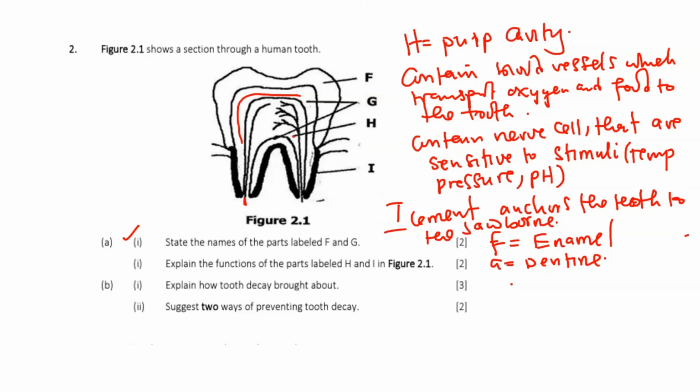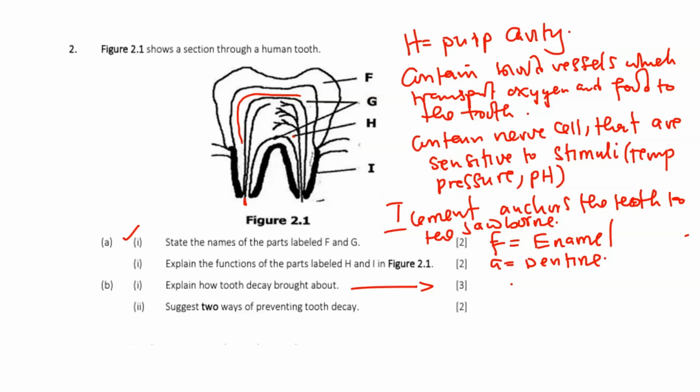What about the other question? Explain how tooth decay occurs, and this is 3 marks. How does tooth decay occur? What is tooth decay, by the way? Tooth decay is just a condition where the enamel of the tooth is corroded.